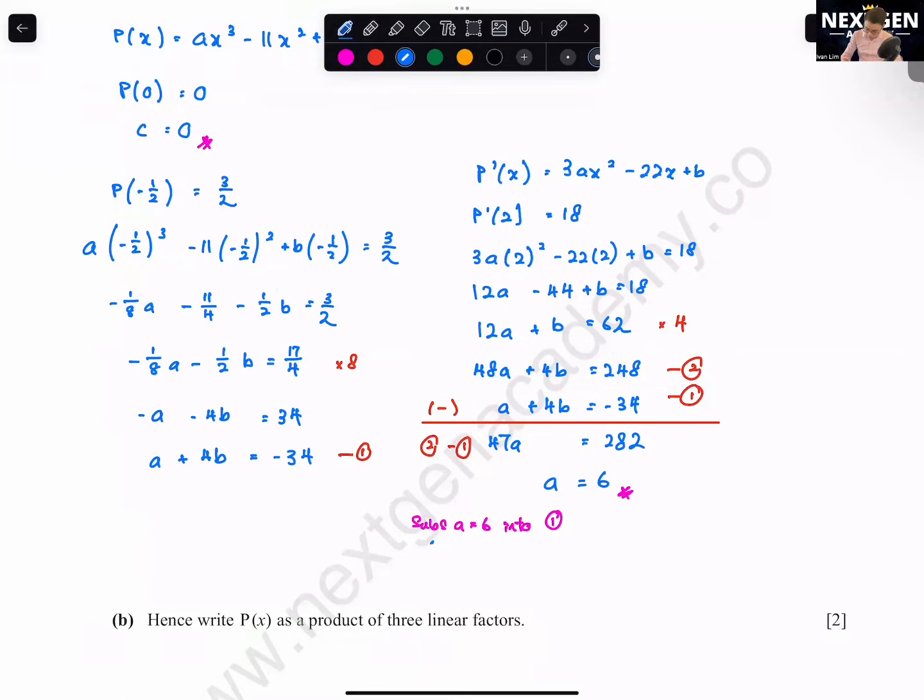So here becomes 6 plus 4b equals negative 34. b is equal to negative 10. So I got 3 answers here: c equals 0, a equals 6, b equals negative 10. If your answer is not so neat, at least make it clear, your answer over here, so that the marker can see.